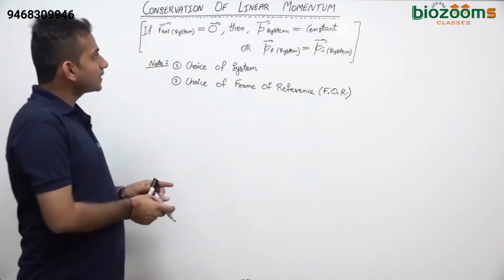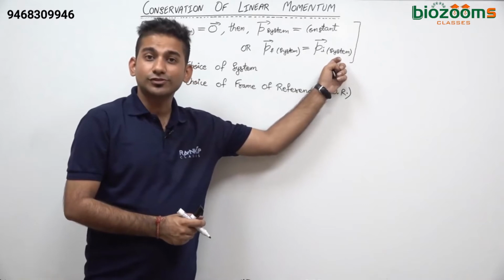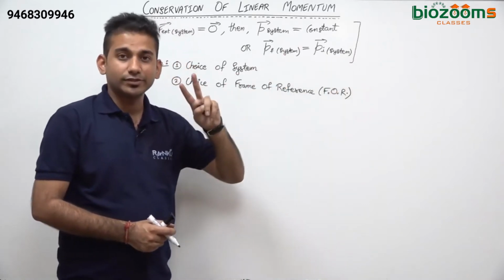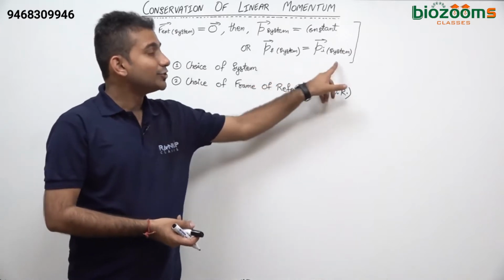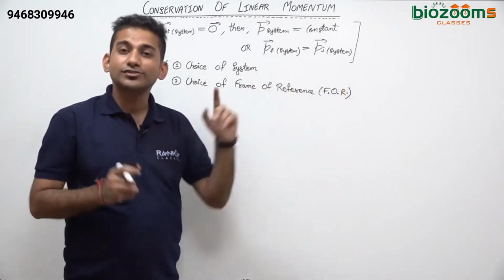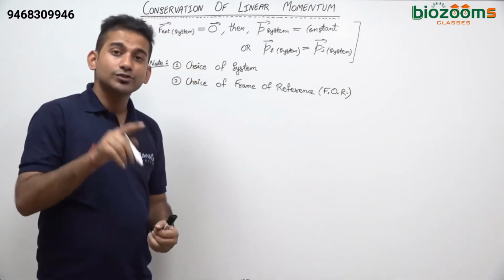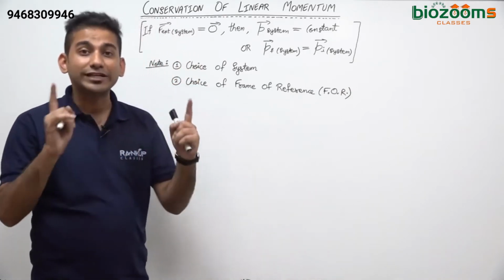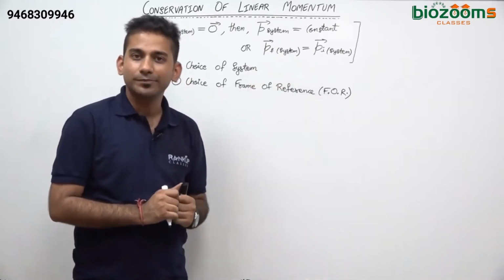See, whenever you are saying that the final momentum of the system will be equal to the initial momentum of the system, there are two mistakes which can be there, right? The first thing is, while writing the final and initial momentum of the system, you are standing at two different places, which means you as an observer are having two different states of motion while writing the initial and final momentum separately.